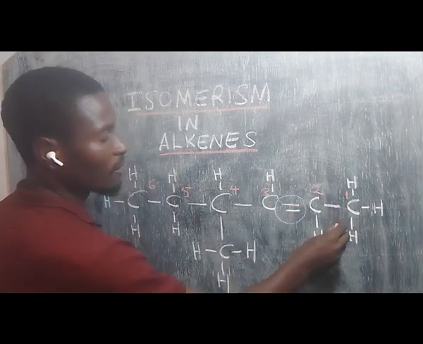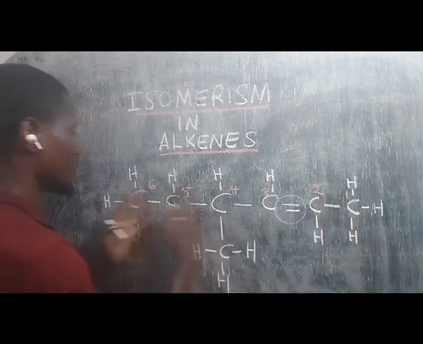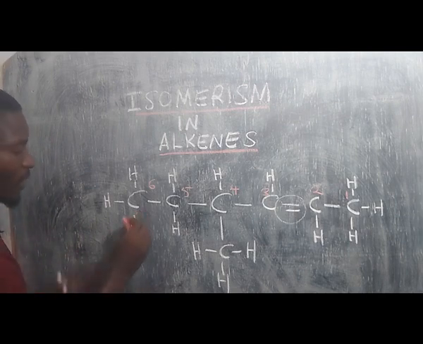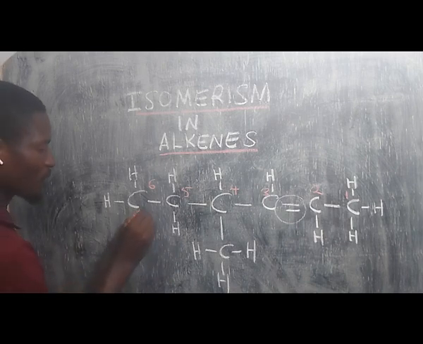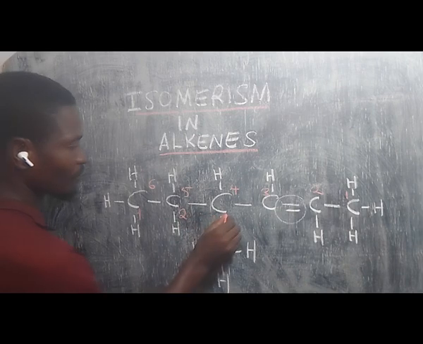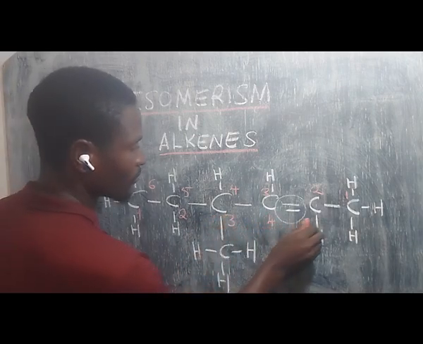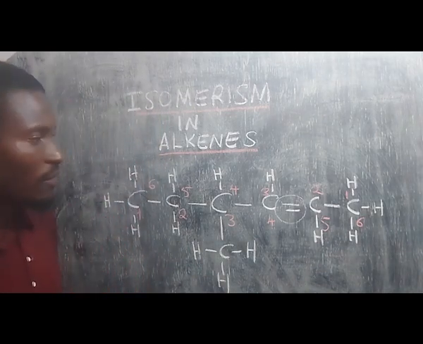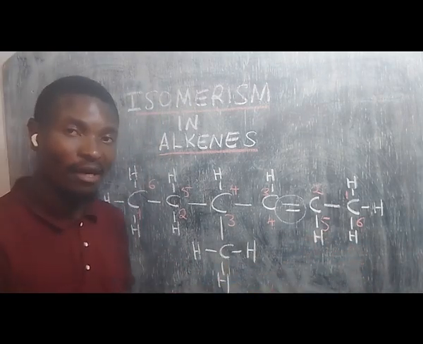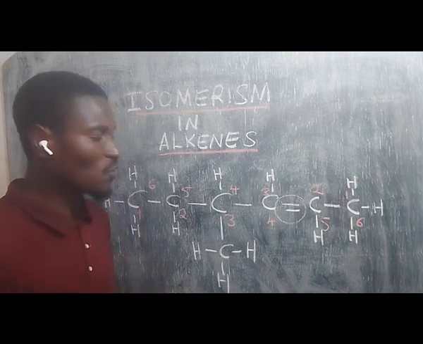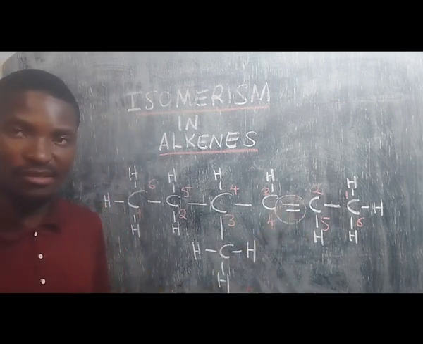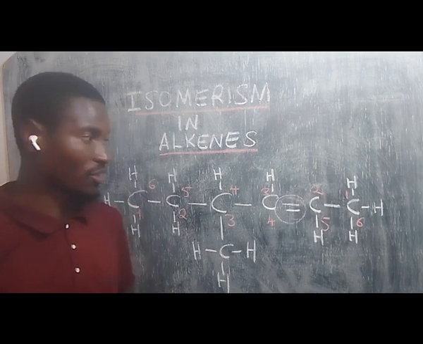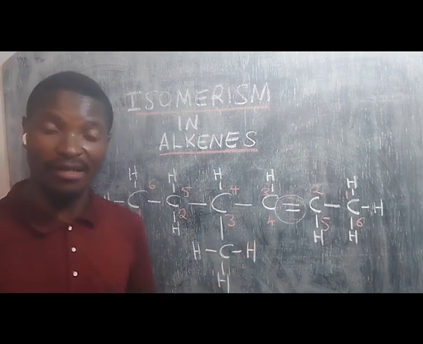So I started from right going to the left, then I do the opposite numbering to see which numbering gives me the correct number. So this is 1, 2, 3, 4, 5, 6. You can see that my aim is to find the position of the double bond, at what position in terms of the carbon the double bond is occurring.